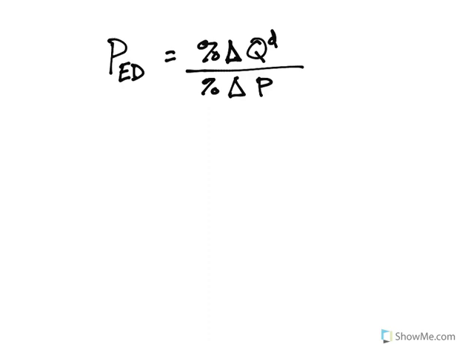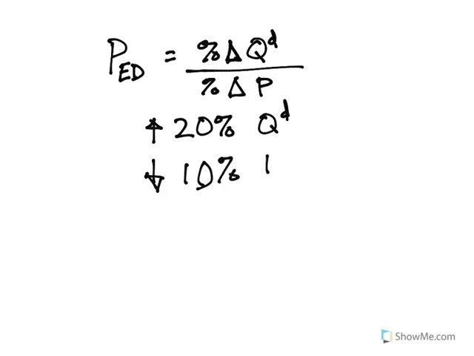So for example, if we knew that for some good there was a 20% increase in the quantity demanded, and that happened in response to a 10% decrease in price, our price elasticity of demand is 20% over negative 10%. Remember that price fell.